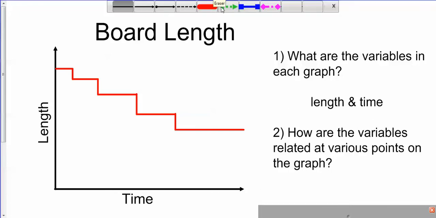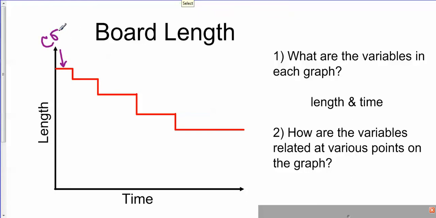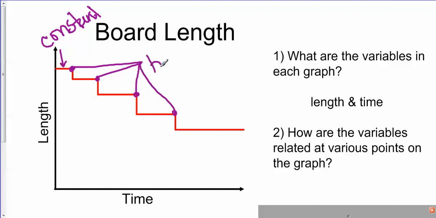So let's get a pen going here. From here to here, this is a constant length. And what's happening right here, right here, right here, and right here, at all of those points where the length starts to drop off, the board is cut.